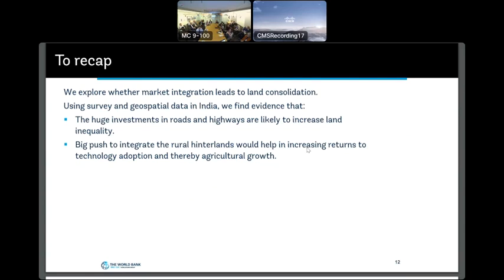So that makes land consolidation hard to achieve. So my point was, in terms of interpreting the result, that market access helps this type of land consolidation, or makes the farm size relatively larger.